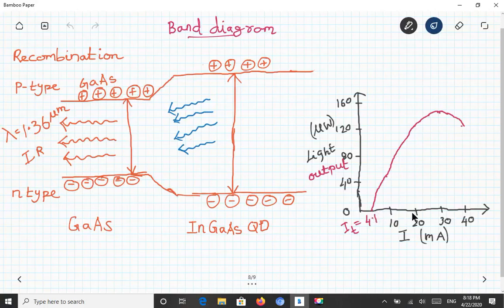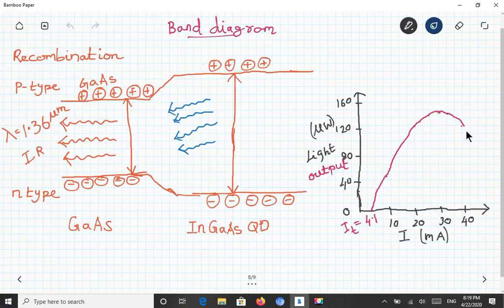Then if you increase the current, the output will also increase and get saturated at 30 milliampere. So 30 milliampere gives the maximum light output you can get, around 140 microwatt. Here W is watt, and mu is for micro. So the light output will be a maximum of 140 microwatt for 30 milliampere.